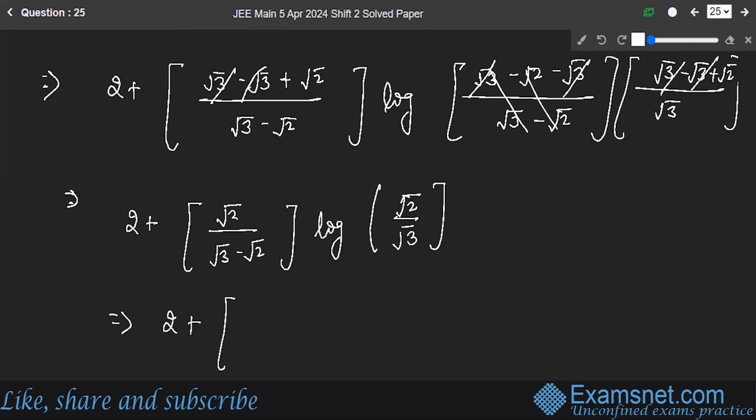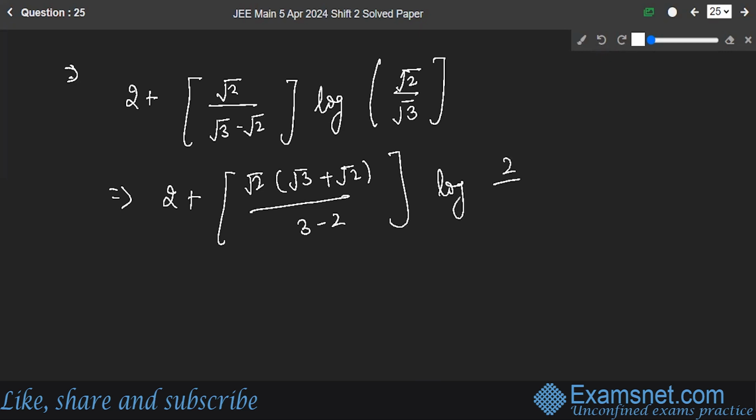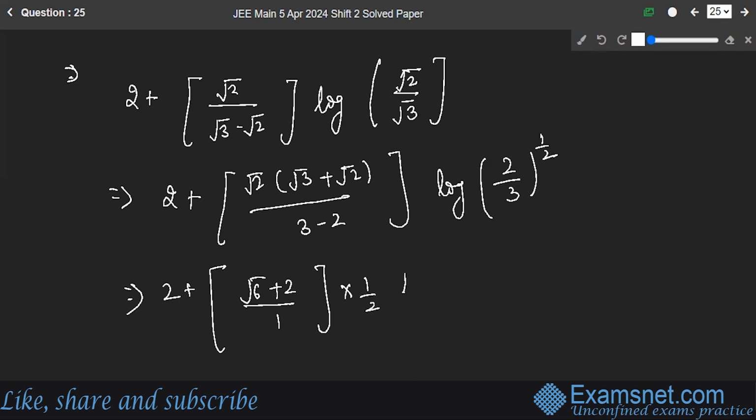So this will be root 2 into root 3 plus root 2 upon 3 minus 2 log of 2 by 3 to the power 1 by 2. Okay. So 2 plus, this is root 6 plus 2 upon 1 into 1 by 2 log 3 by 2.